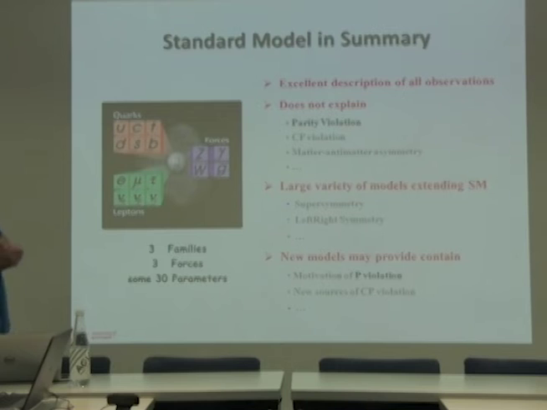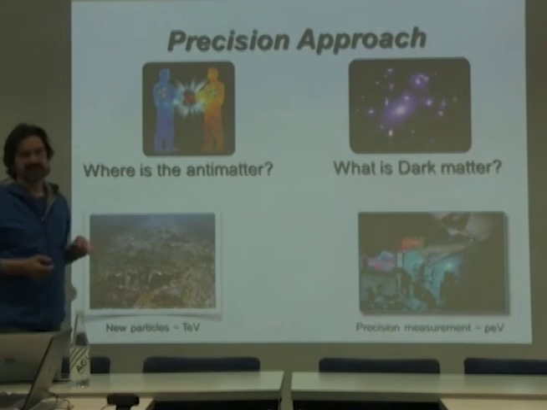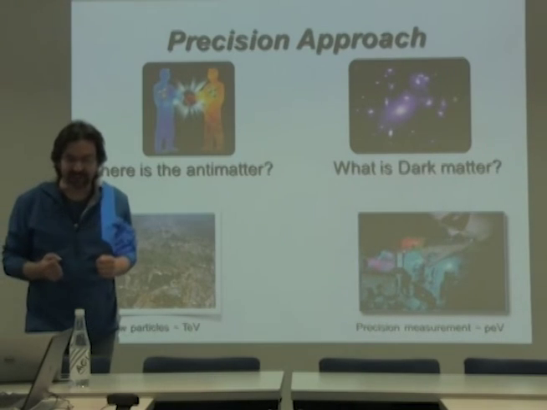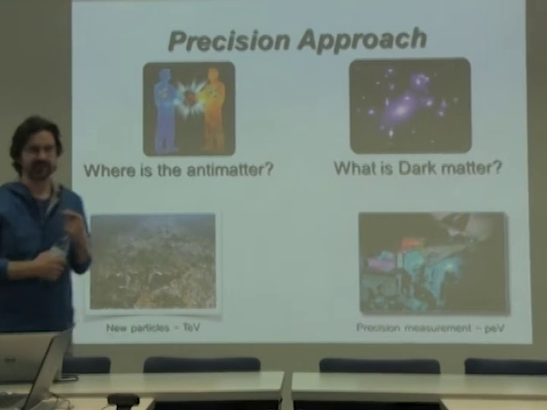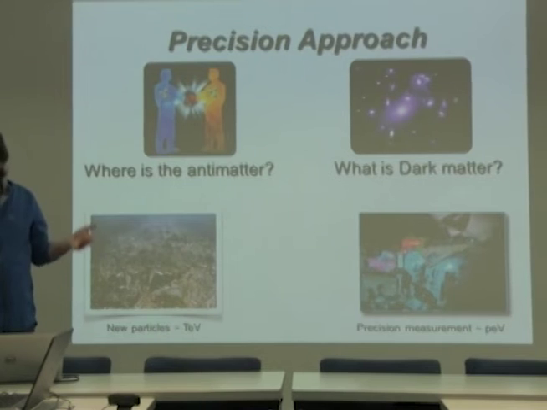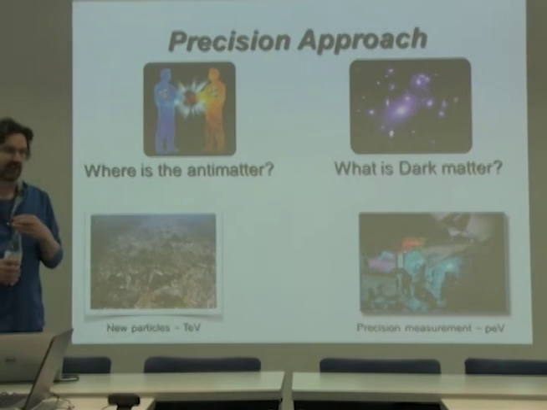Now we come more to the experimental part of what I wanted to talk about. And that is what atomic physics has taught us. We can achieve a very, very high precision in measurements with coherent excitations of light and matter, and extract a lot of information from this.